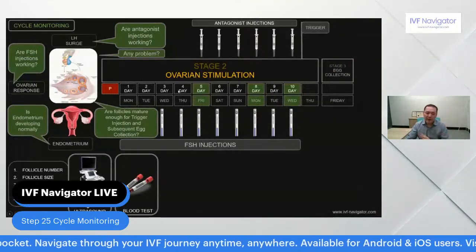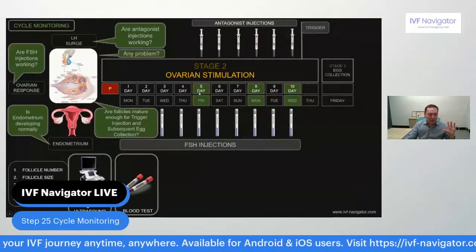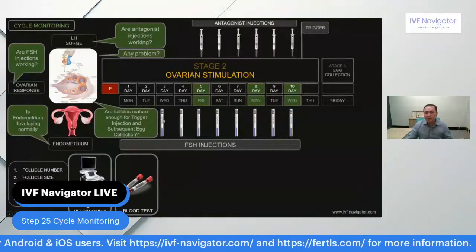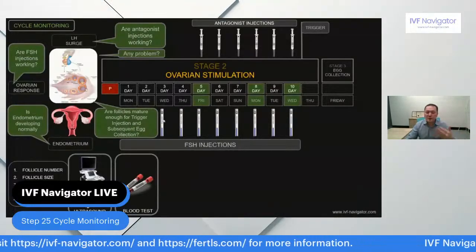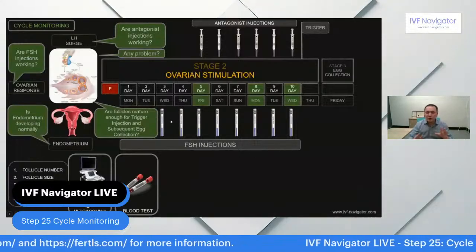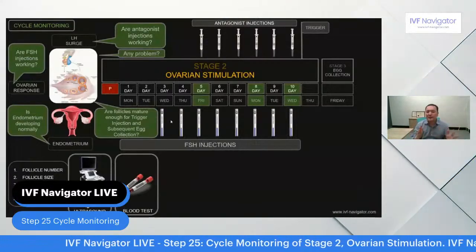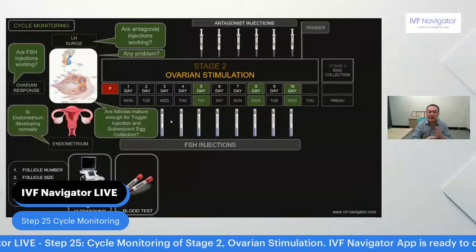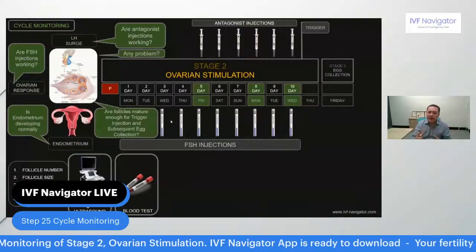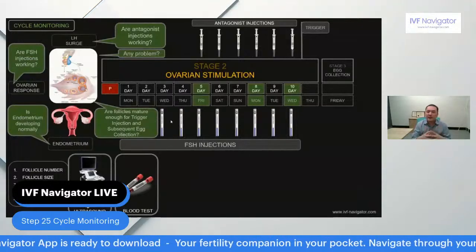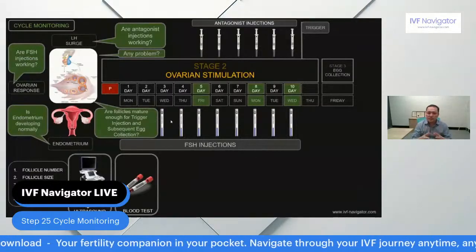In the first 5 days, the level of FSH in the blood increases gradually and starts stimulating the ovaries. Usually you don't see a lot of response in the first 4 or 5 days, and hence there is no point in doing a scan and blood test. From day 5 or day 6, depending on your specialist's preference, cycle monitoring starts normally.